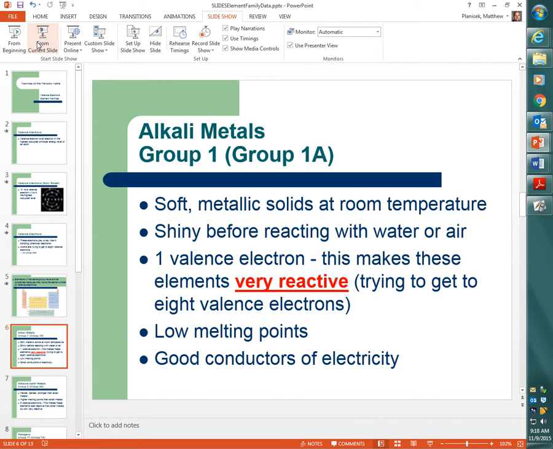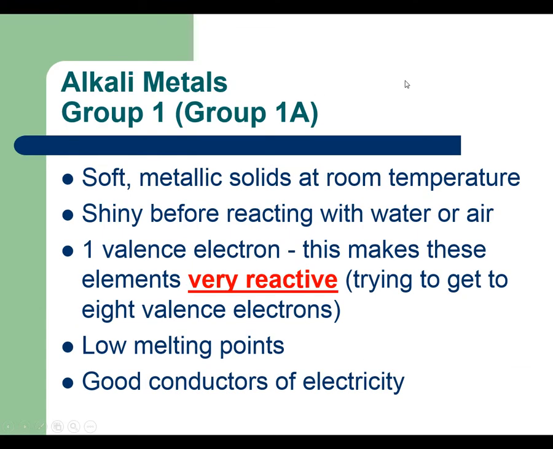Okay? So, the first group of elements that we come across is group 1. Okay, Johnny, go ahead. Oh. So, elements in the same family have similar properties because they have the same number of valence electrons.